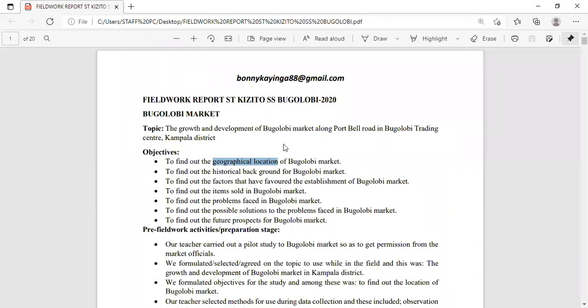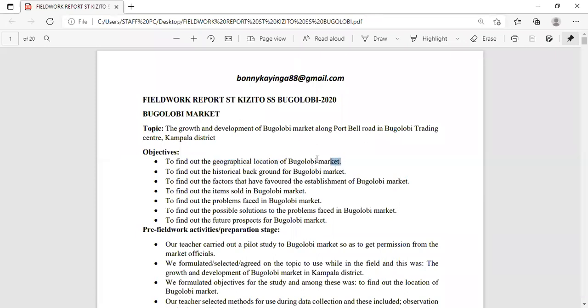When they ask you, talk about yourself, don't you start with your name? So even here, we start with location. You have to be systematic in a chronological way or order. The geographical location of the topic.